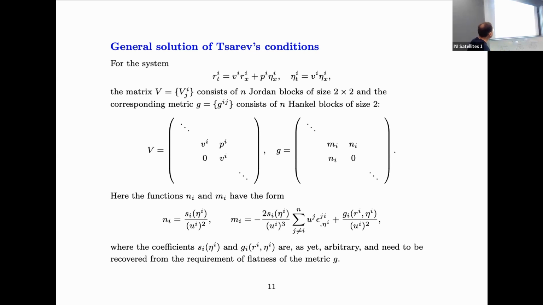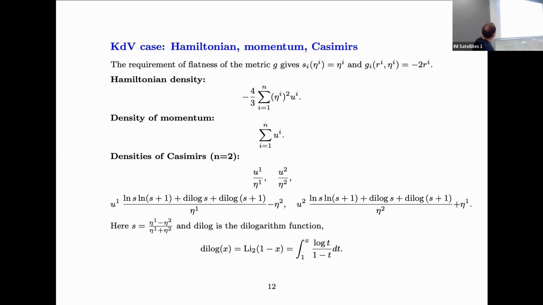So let me show you the KdV case, averaged soliton gas for KdV. So in this case, the functions s_i's are just eta_i's. The functions g_i's.